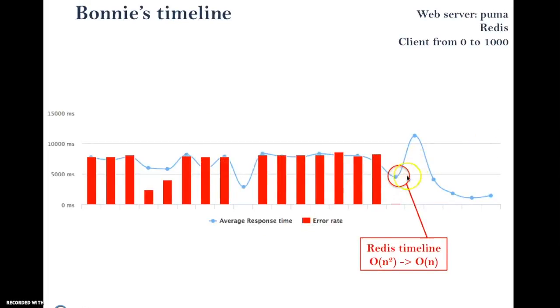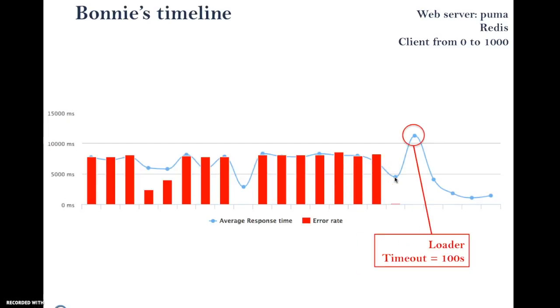And at this point, we changed the way we get the tweets. We get all the tweets of a timeline record at one time, which changes the time from O(n squared) to O(n). And we ran the test, so we can see that the average response time decreased. And also we did an experiment.